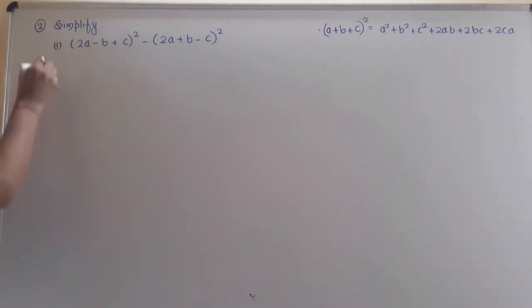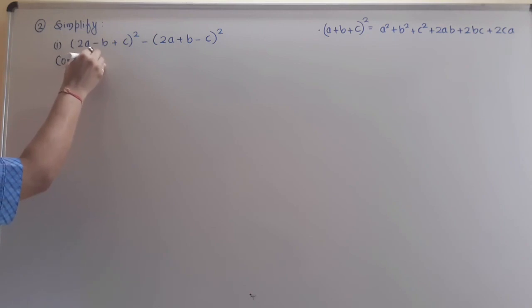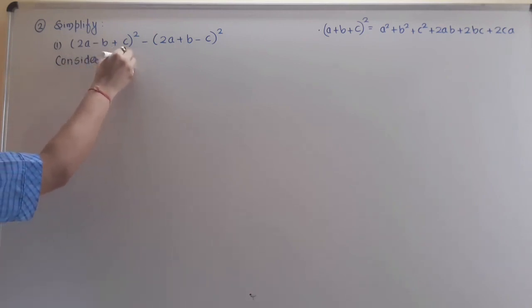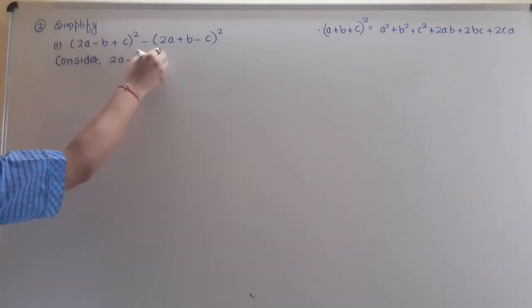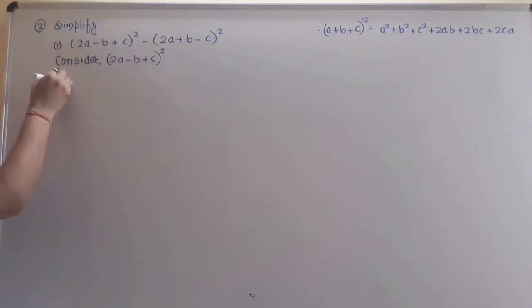First I am going to consider (2a - b + c) whole power 2. Okay, let us write down the formula first.